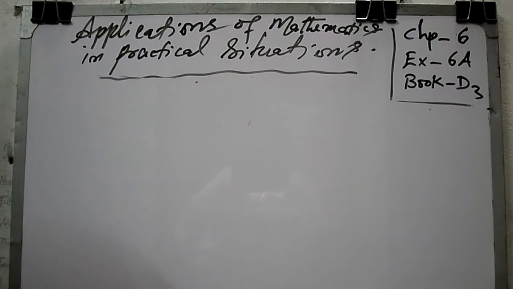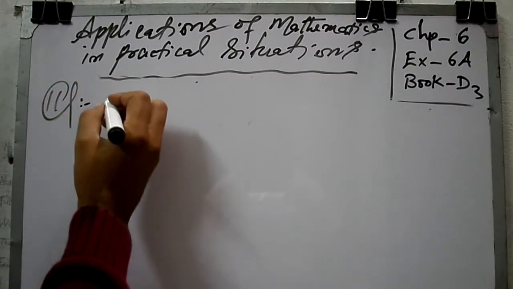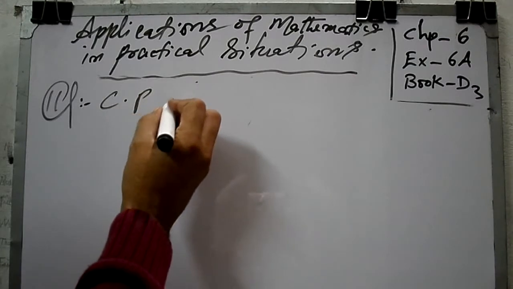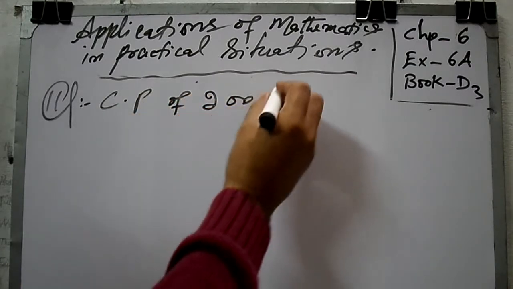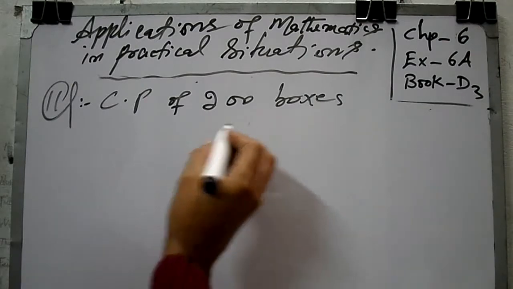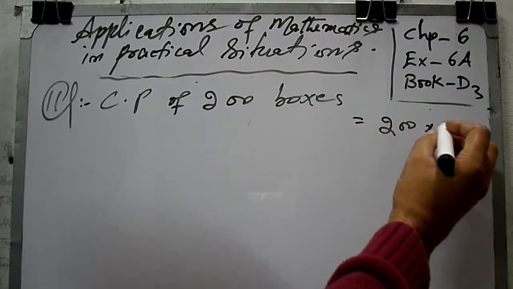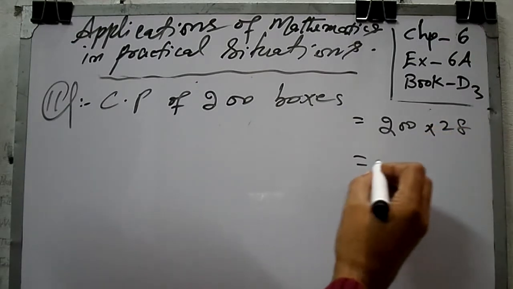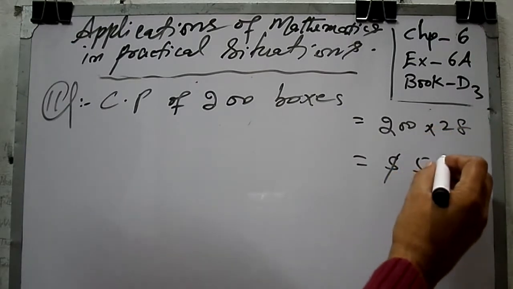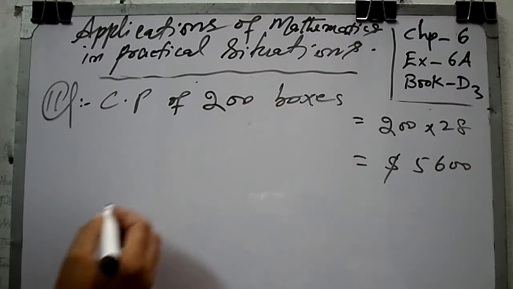So first of all, you have to write the cost price of 200 boxes. For example, when we read the statement, we have come to this conclusion that cost price of 200 boxes is equal to 200 multiplied by 28. So you will get $5,600 for 200 boxes.